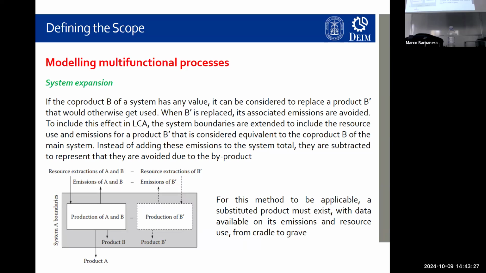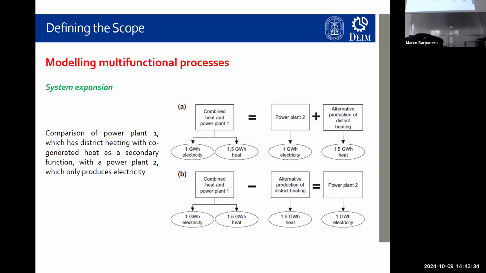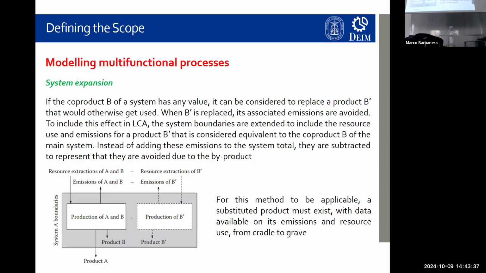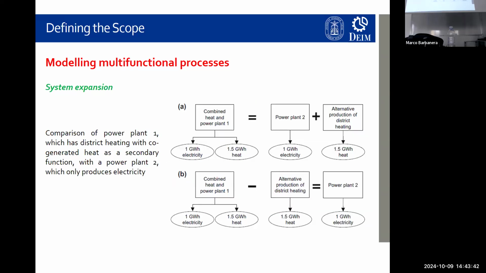This approach is the best option for the ISO standard, but also in this case, it is not easy to apply this method in all cases. For example, you can see in this slide an example about the possible application of the system expansion approach to a cogeneration plant.